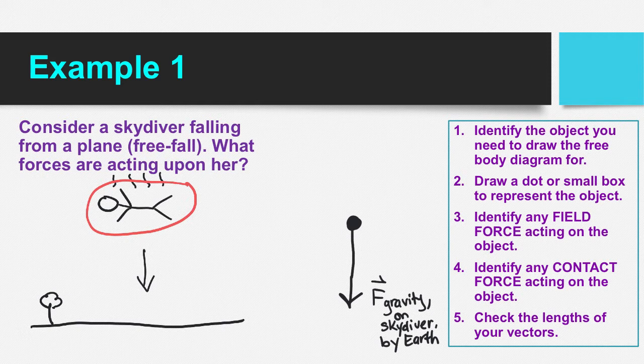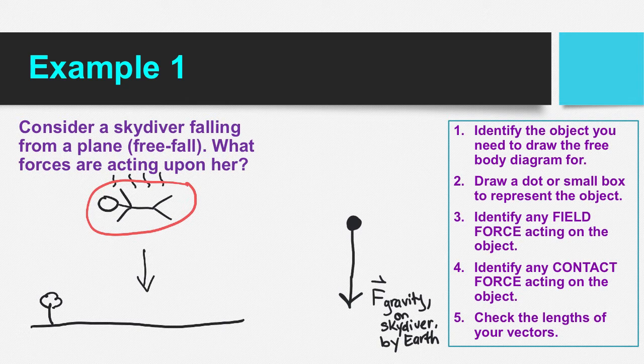Now we go to number 4, identify any contact force. Okay, so here's where I look in my red circle. What is touching this skydiver? Well, there's nothing touching her except for air. And then I have to ask myself, does the air exert a force on her?